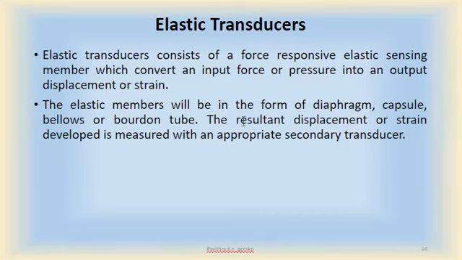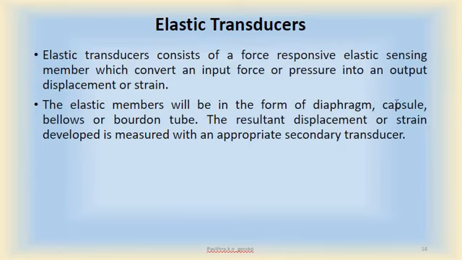And in these transducers, the resultant displacement or strain, as I have told, is measured by an appropriate secondary transducer. So by this system of pressure measurement, we may require two types of transducer, one primary and the other secondary.